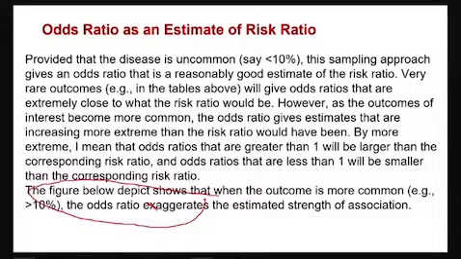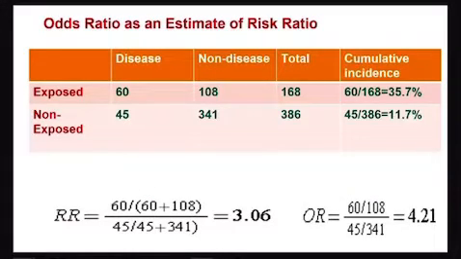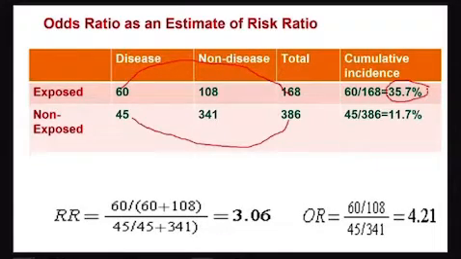Now we want to demonstrate such an example. Take a look at this. Let me check here. No mistake. You can see we are still talking about the cumulative incidence, that divided by that. Now, in this situation, what do you have? 35.7%, 11.7%.